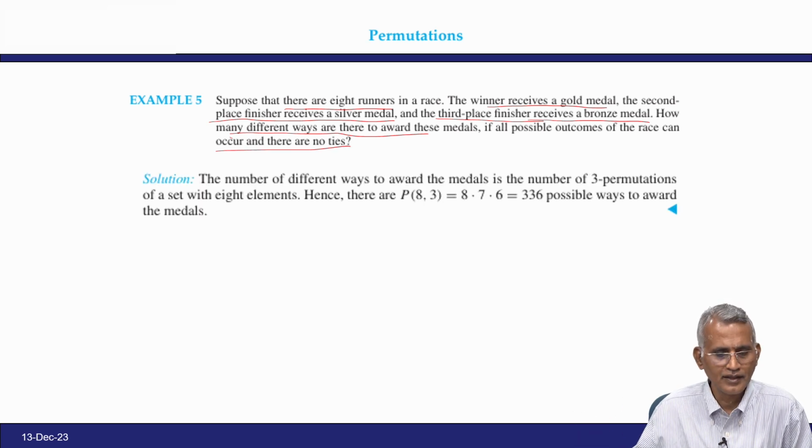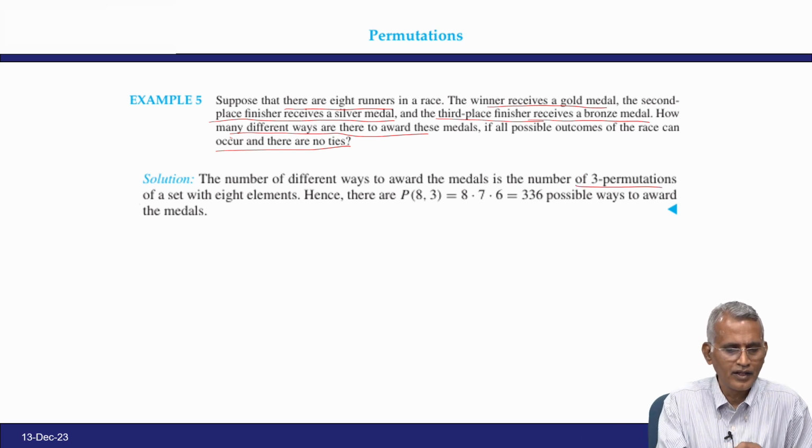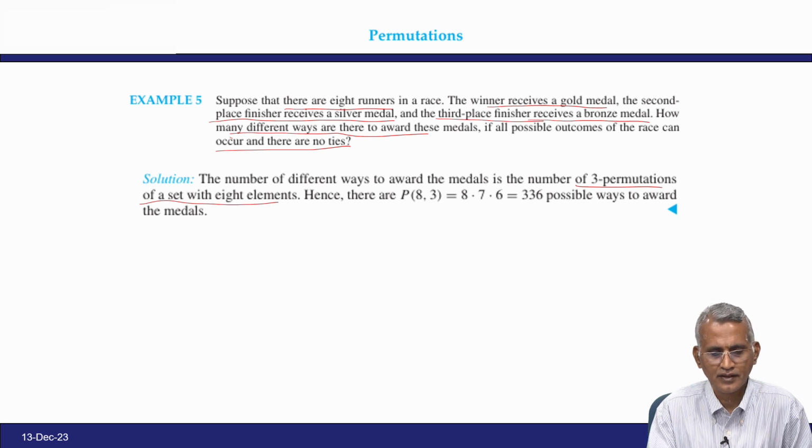The answer is the number of different ways to award the medals, which is the number of 3-permutations of a set with 8 elements. Hence, there are 8P3 ways the medals can be awarded, that is 8 into 7 into 6, which is equal to 336 ways to award the medals.